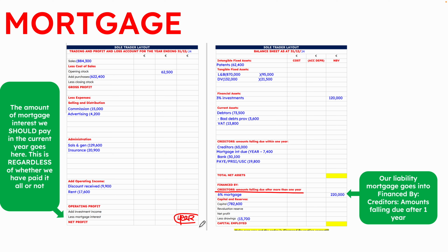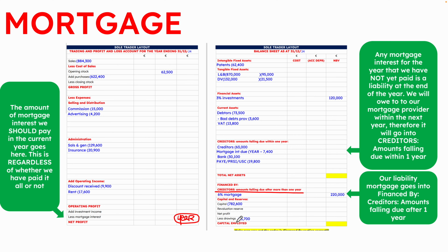It does not matter whether we have paid it all or not, okay? And in every Leave Cert accounting question, you are never going to have paid all of the mortgage interest that relates to this year. And so whatever mortgage interest is due is going to go under the creditors' amounts falling due within 1 year section.